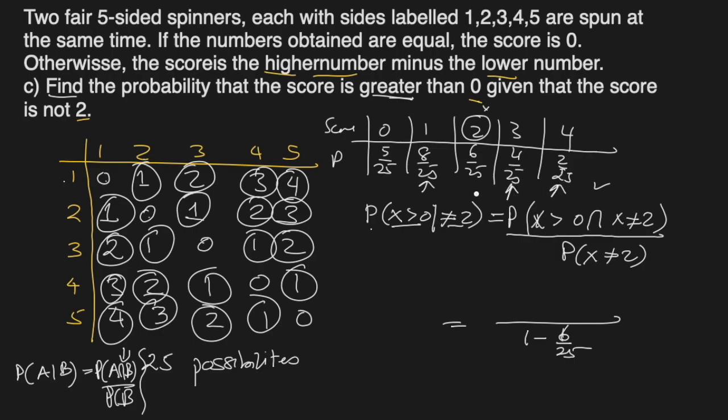These three cases are greater than 0, and all three of them are not equal to 2 as well. So we will write here 8 over 25 plus 4 over 25 plus 2 out of 25. So 8 plus 4 is 12 plus 2 is 14 out of 25, over 1 minus 6 over 25, which will be 19 over 25. So 25 and 25 will cancel. Final answer is 14 out of 19.